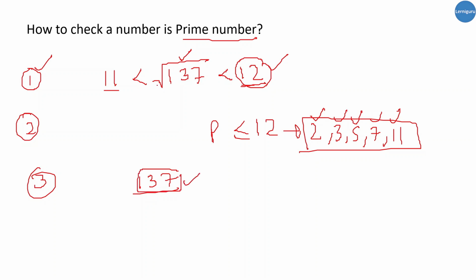So the steps are: first find the approximate square root, then take the higher part. This we also call the next integer, because this will be 11 point something, so the next integer is 12. Then the second step is to write the prime numbers below or including this number. Then the third step is to check whether the number 137 is divisible by these prime numbers or not.